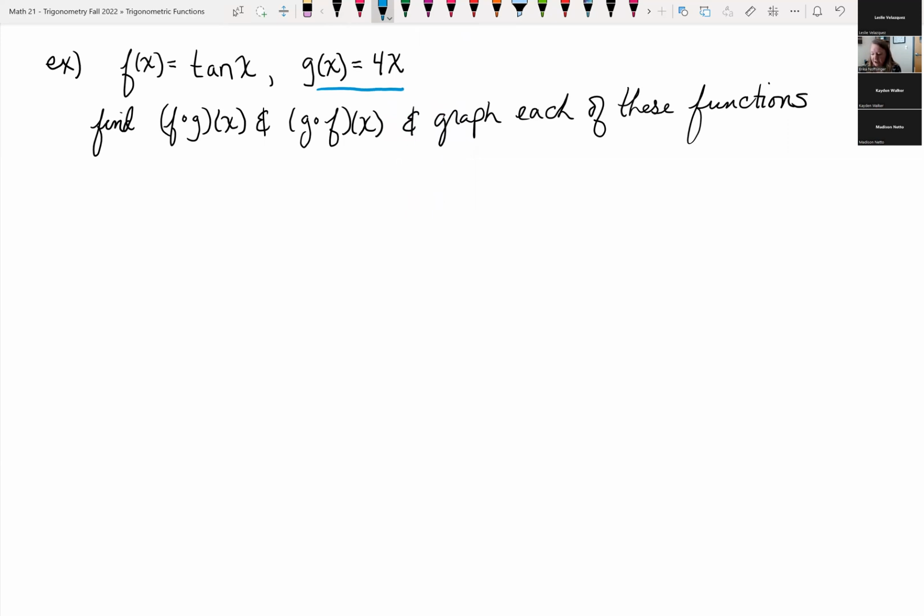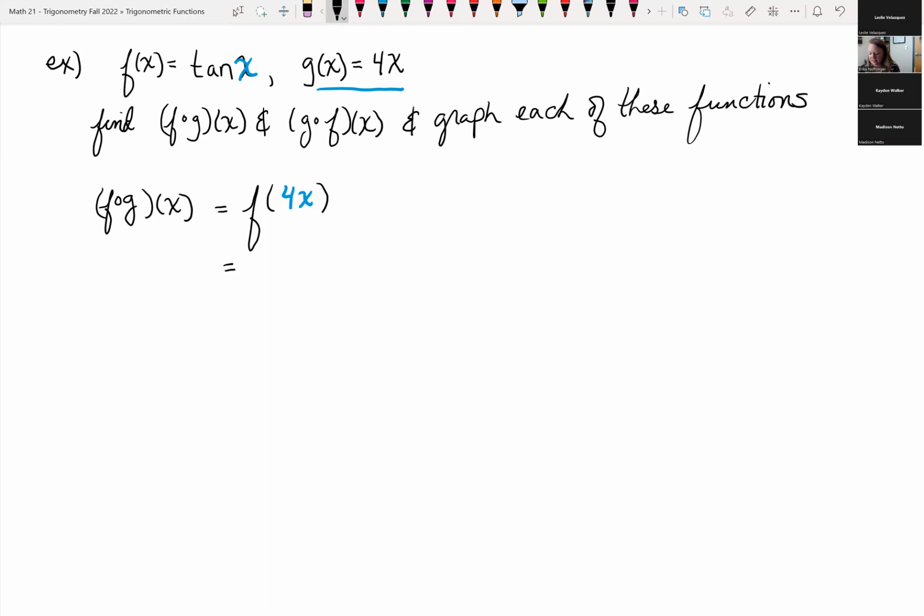And so we're going to take that 4x and we're going to plug it in wherever we see an x in f of x. And so f of g of x can be rewritten as f of g of x, which is 4x.